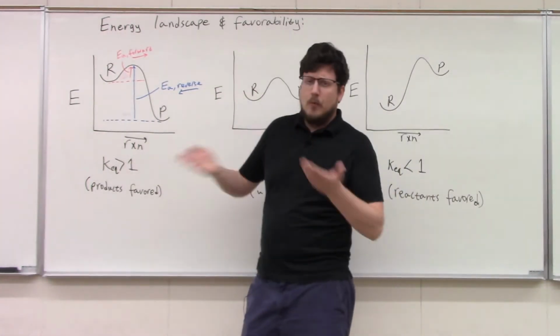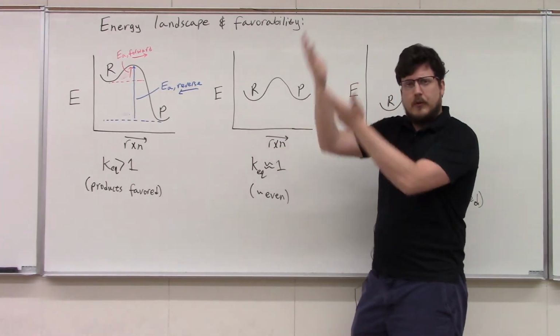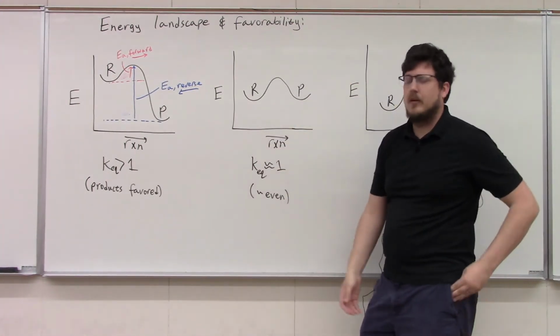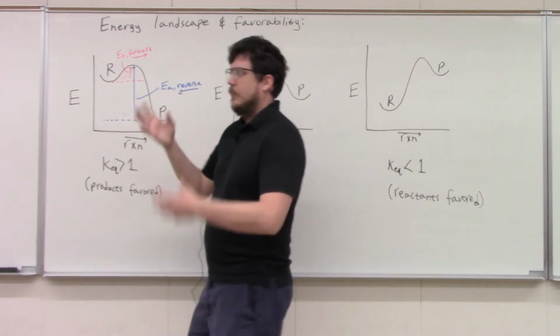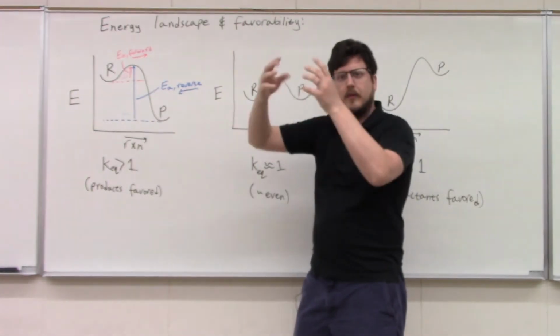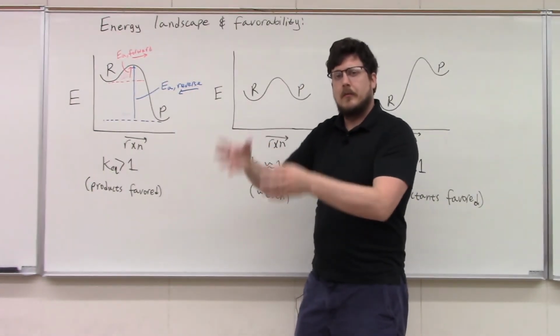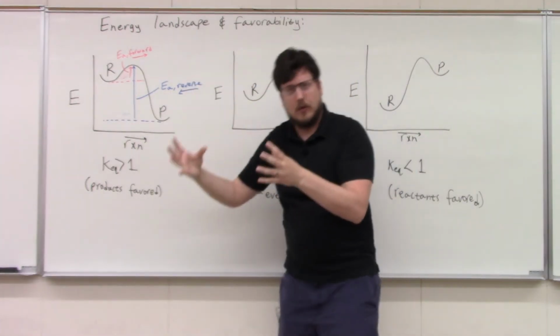So when we're not in that situation, we must be either larger than 1 or smaller than 1. That's just logic, right? In this case, we're larger than 1 because we have more products. That means the numerator is larger, because products go on top and reactants go on the bottom. So the product is much more favored and the numerator is much larger.